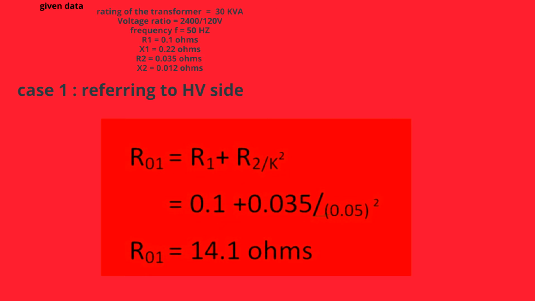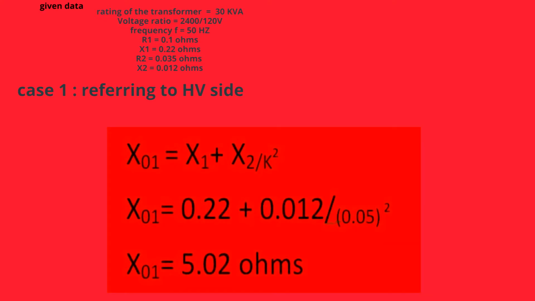Substituting the values of R1, R2 and K, we will get R01 is equal to 14.1 ohms. Similarly, we have to find the primary equivalent reactance, that is X01. We know the formula X01 is equal to X1 plus X2 by K square. Therefore, substituting the values of X1, X2 and K, we will get X01 is equal to 5.02 ohms.